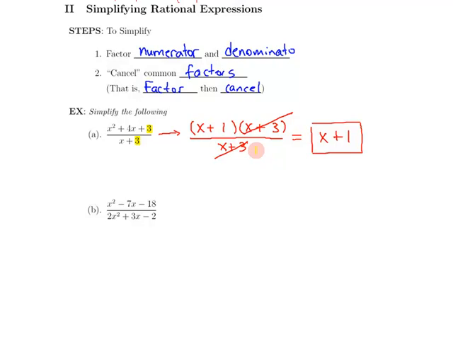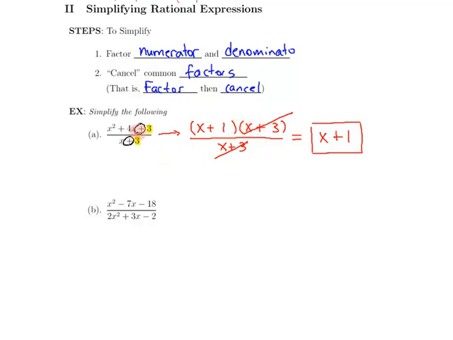Now, the reason we can't do that has to do with the plus sign right here and right here. When you slash these things out, like I've done with the x plus 3 here, what you're basically saying is x plus 3 divided by x plus 3 is just 1, and 1 times anything is itself. So that's why this is the same thing as x plus 1.